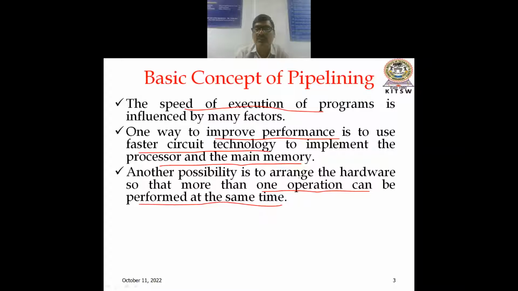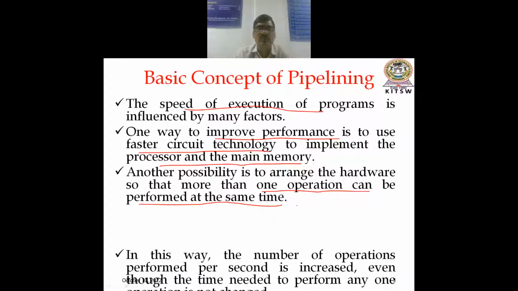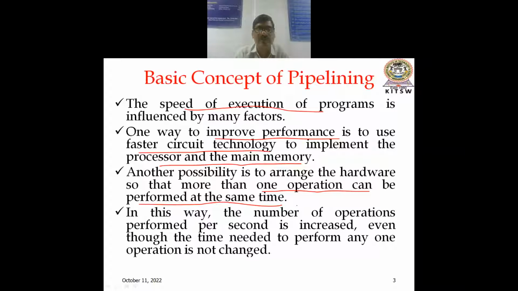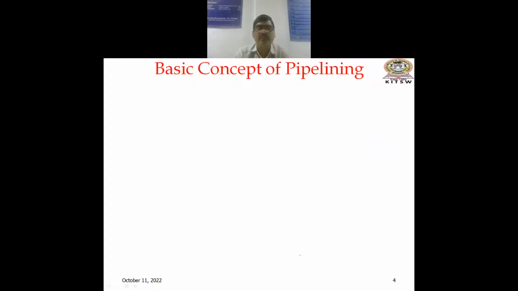So this is another way of improving the performance of the execution of an instruction. So when we are arranging the hardware in such a way that we are executing more than one operation, there are different ways of execution of that instruction. So the number of operations performed per second is increased, even though the time needed to perform any one operation is not changed.